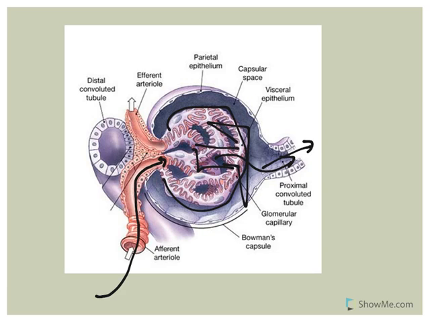Anything that was not filtered is going to leave through the efferent arteriole. The substances move along the nephron tubule. Anything that's not reabsorbed, or substances that are secreted along that nephron tubule, will be eliminated in your urine.